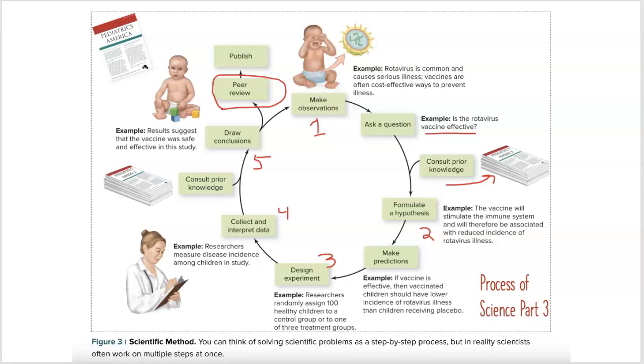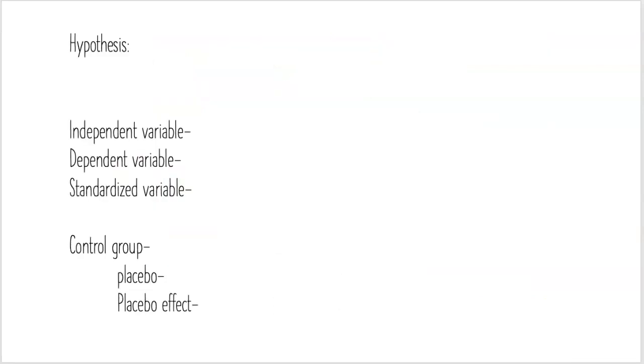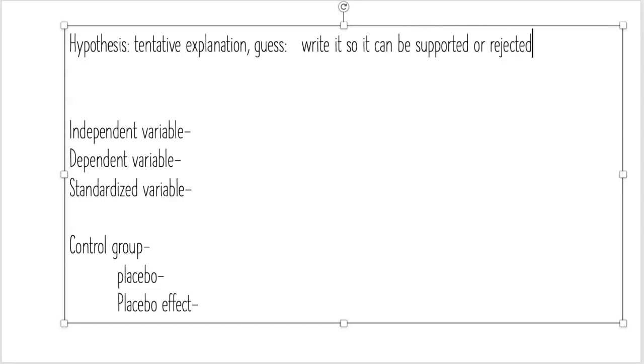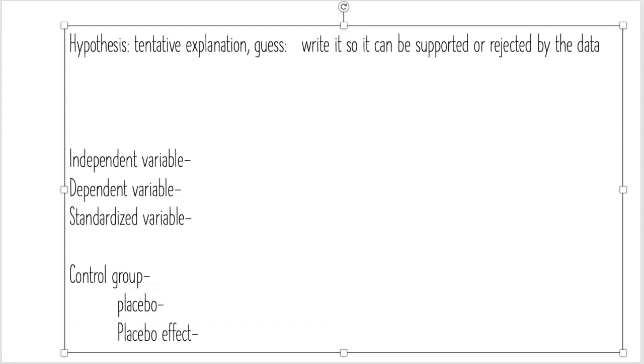So, okay, let's take a look at how we go about designing a good, credible experiment. We start with a hypothesis. Your hypothesis is your tentative explanation, kind of a guess, I think. But the thing to make sure when you write a hypothesis is that you write it so it can be supported or rejected by the data.